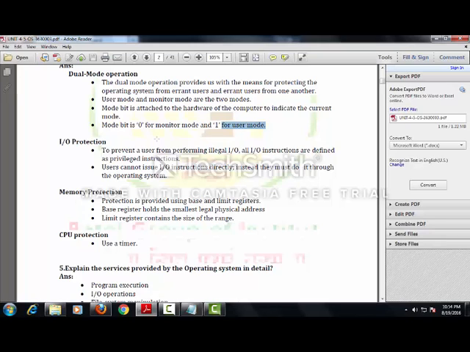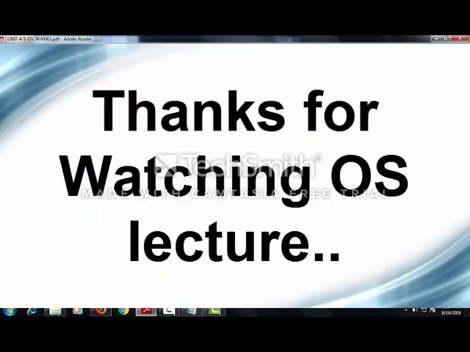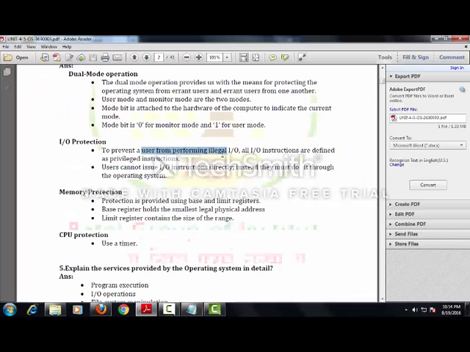You should give the right input from the keyboard, or from the monitor or any input output devices. To prevent a user from performing illegal input output, all input output instructions are defined as privileged instructions. That is the meaning of input output protection.